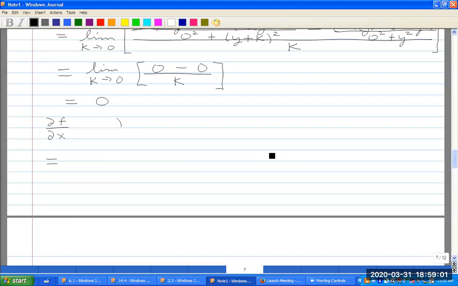But let's take the partial of f with respect to x. We actually have to take that real partial derivative.